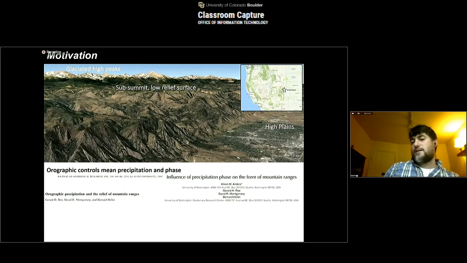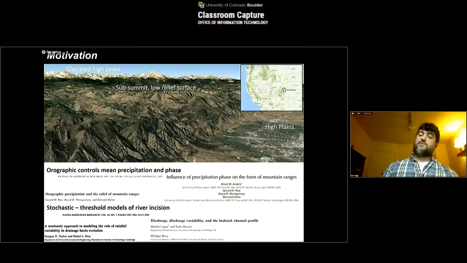This is a really hot topic. There are two components of this problem that are really hot in the geomorphic community. One is thinking about how topography feeds back into the amount of precipitation and the phase of precipitation, so thinking about snow versus rain. I just threw in a couple of papers that have been a big impetus for doing this work.